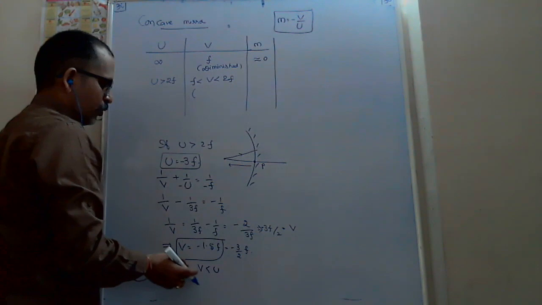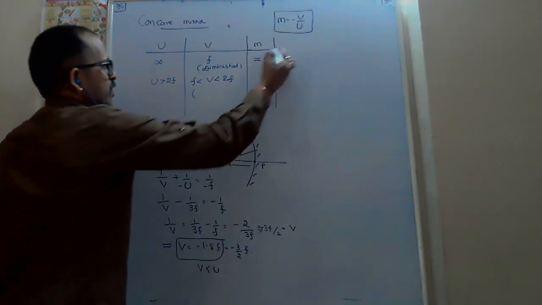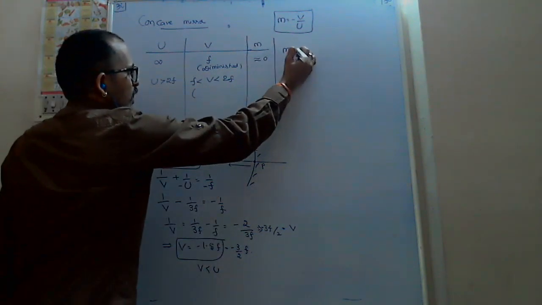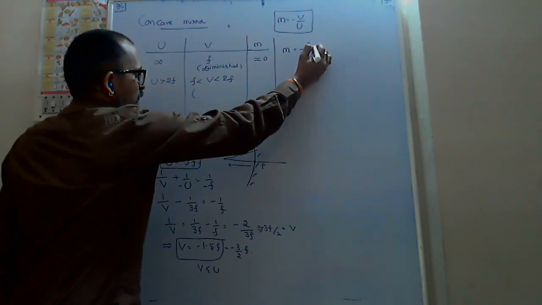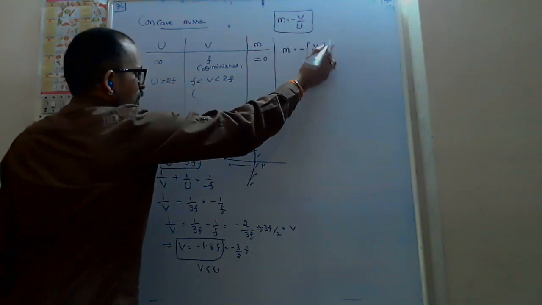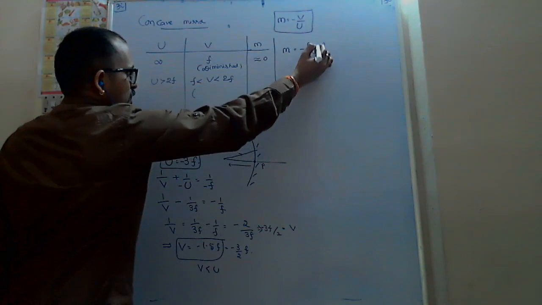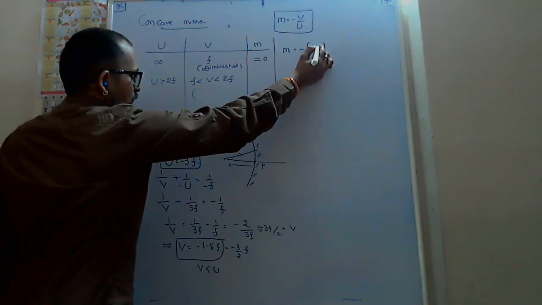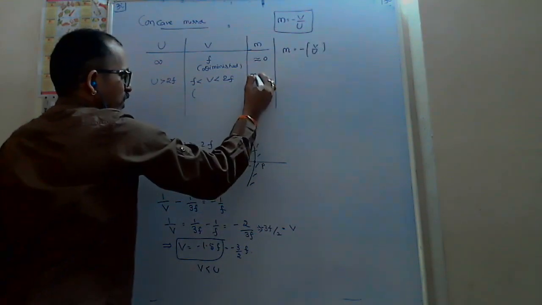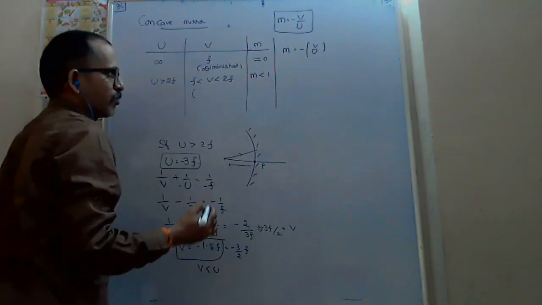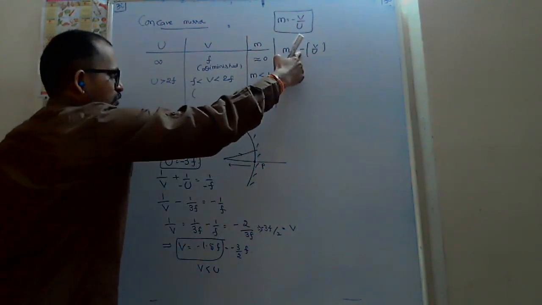Whereas in this case, v is less than u, so magnification, minus v by u, has a value less than 1. That's why the magnification is less than 1. And you got the negative sign.